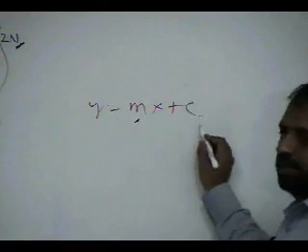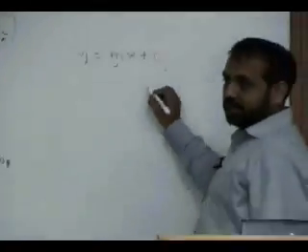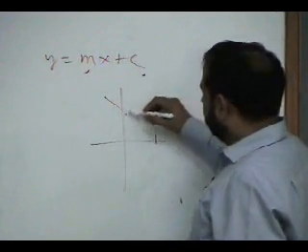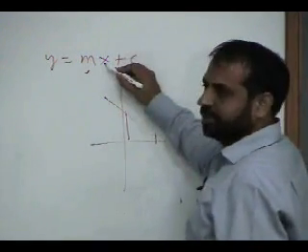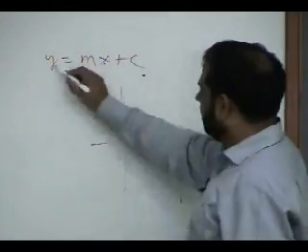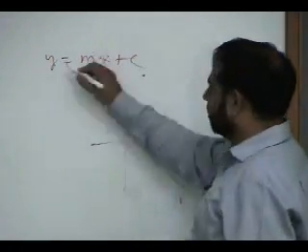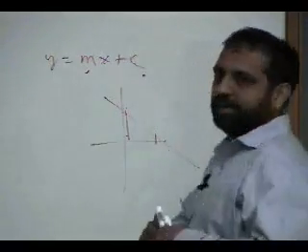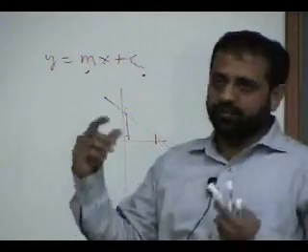One is m, the other one is c. If I know 2 points on this line, for this x this is y, and for this x this is y, I can generate 2 equations, solve them simultaneously, and I can easily get the value of m and c, and we know this.